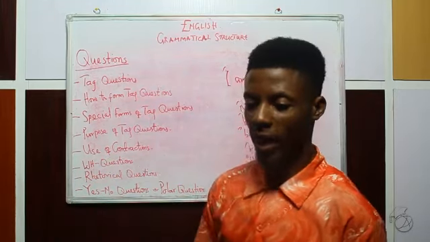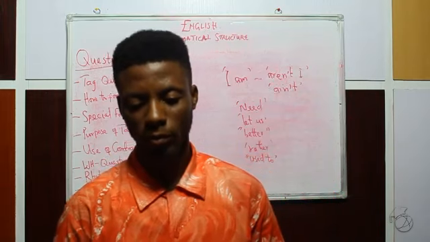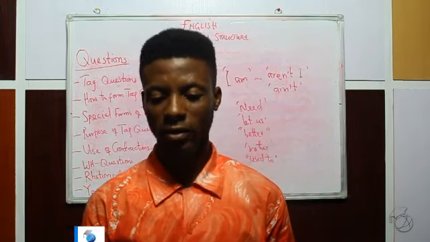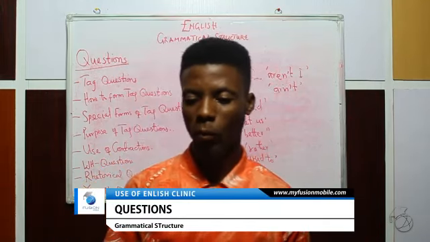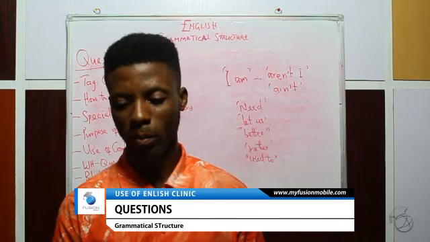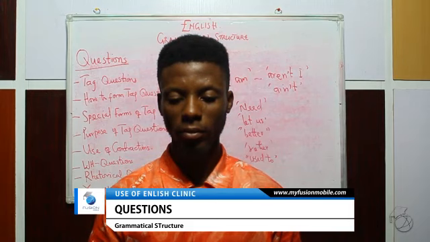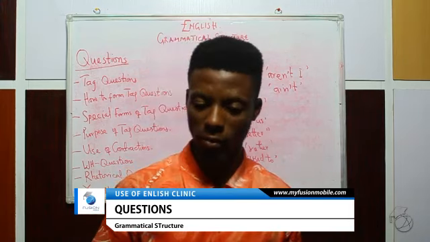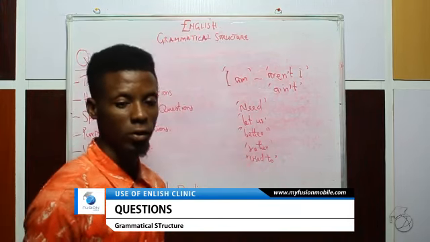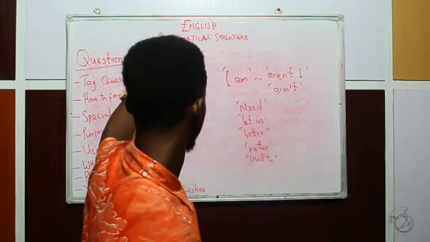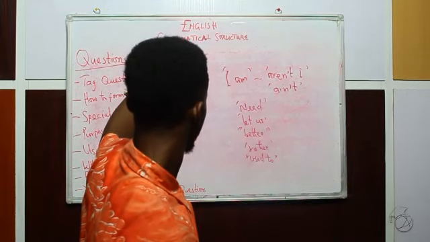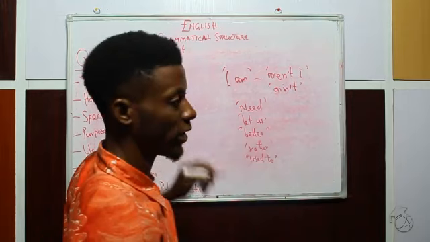Now let us take a look at the use of contractions. Notice that negative verbs, whether in the statement portion or in the tag, are usually contracted. Isn't is used instead of is not.